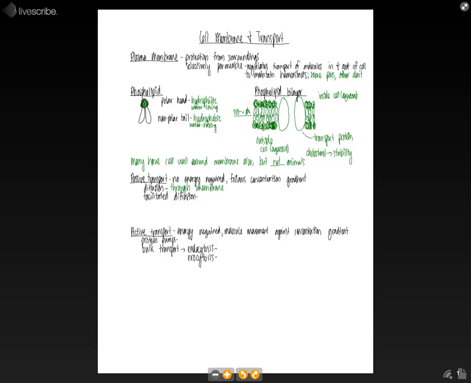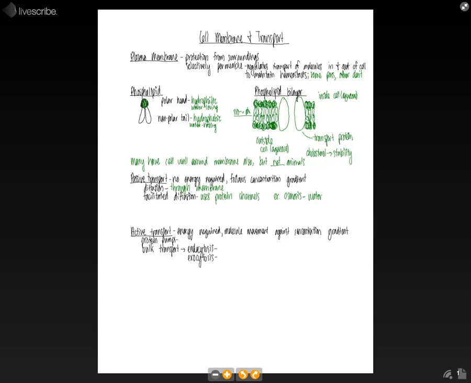Facilitated diffusion, on the other hand, uses those protein channels. So this is for things that aren't able to just slip through the membrane. An example of this would be osmosis, water traveling through.